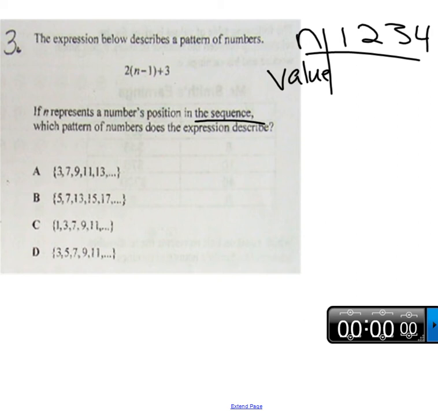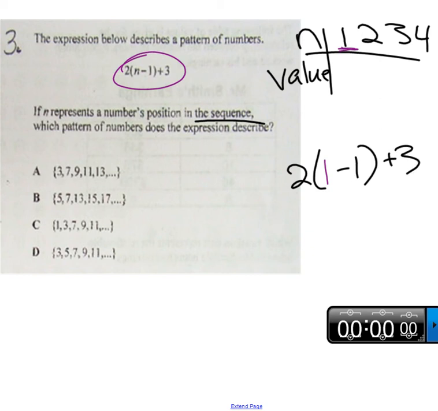So to figure that out, we go one number at a time. If N is 1, we put that into our expression here. So we say, what's 2 times 1 minus 1 plus 3? So 1 minus 1 is 0 times 2 plus 3, 3. So when N is 1, the value is 3, which means our answer is not B or C.